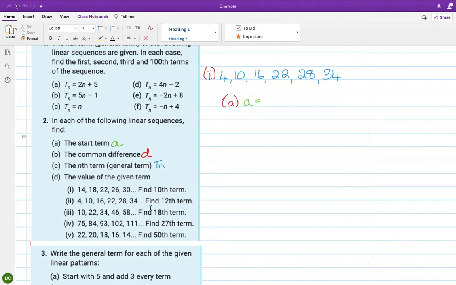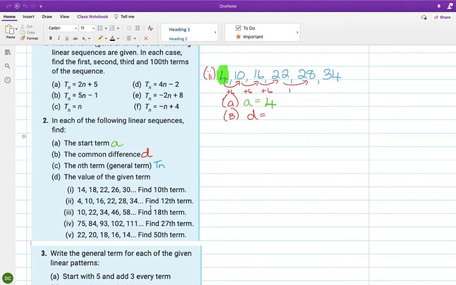The start term is there, the first term of the sequence, so it's 4. Then they want us to find D, the common difference. So to get D, we look at the difference. So 4 to 10, that's a plus 6. 10 to 16 is plus 6. 16 to 22 is plus 6. 22 to 28 is plus 6. And 28 to 34 is plus 6.